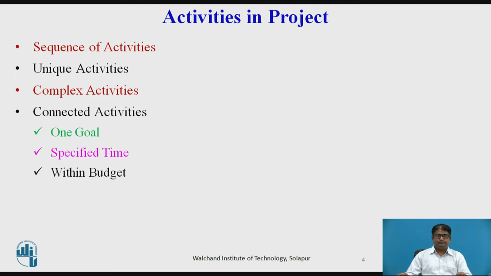Specified time. Projects are finite. Processes are continuous. The projects have a specified completion date. This date can be self-imposed by management or externally specified by a client or government agency.